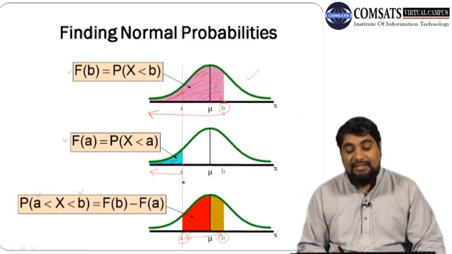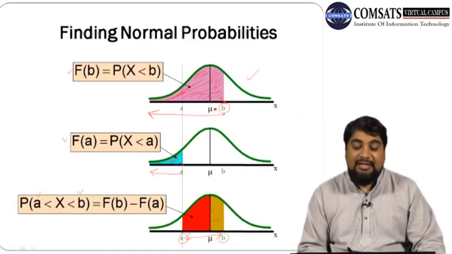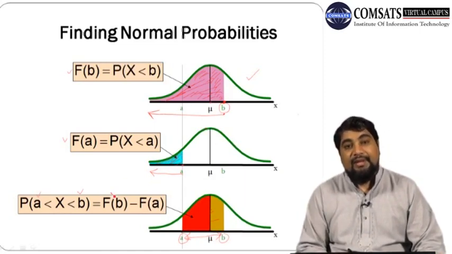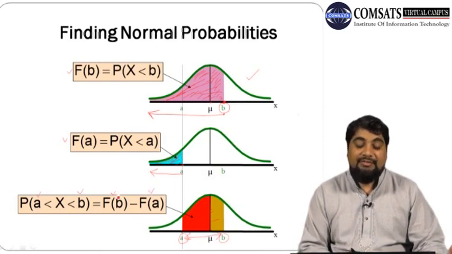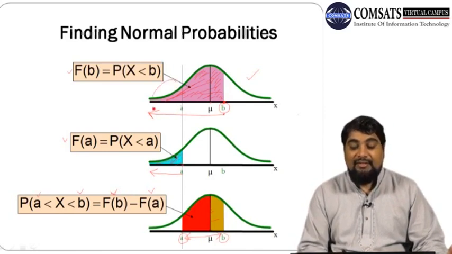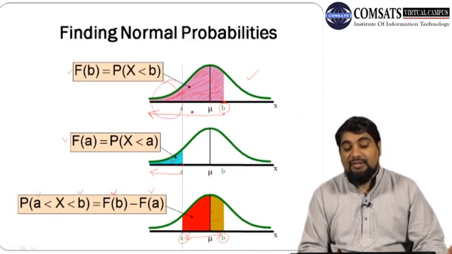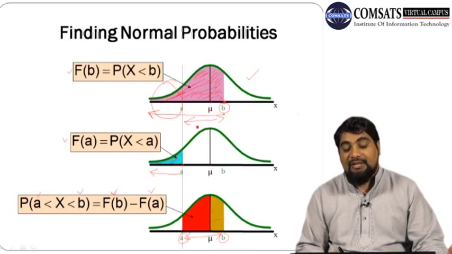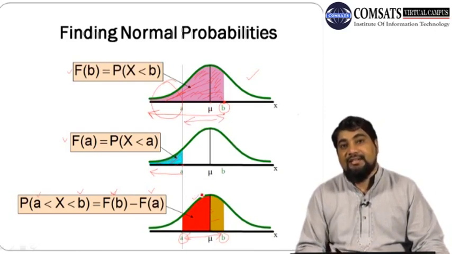So if we are interested in finding this middle area between A and B, we can subtract F of a from F of b. If we subtract this area from this whole area, we get this middle area, which is the required area in this diagram.